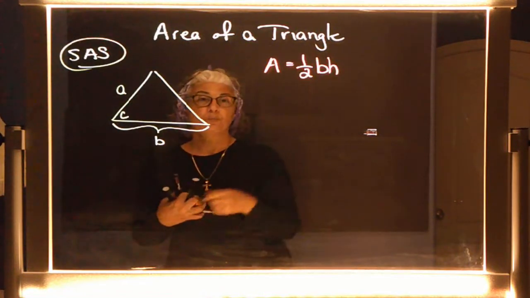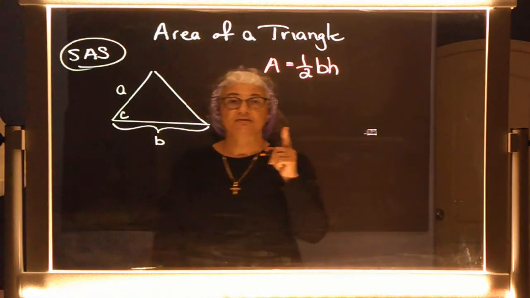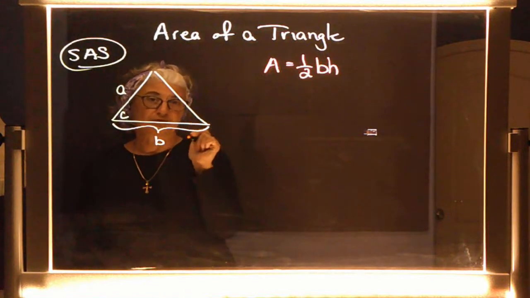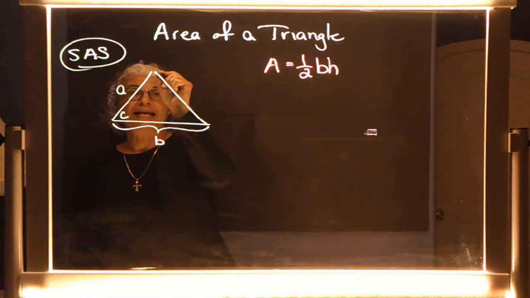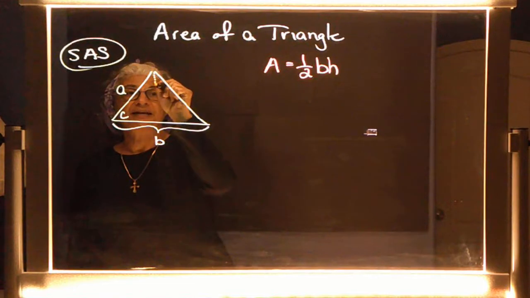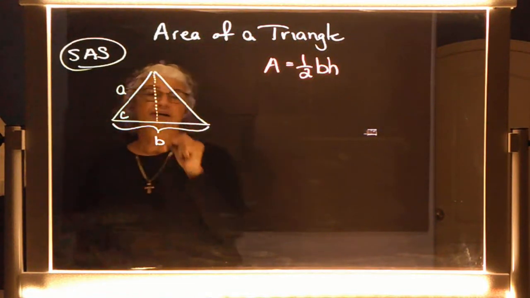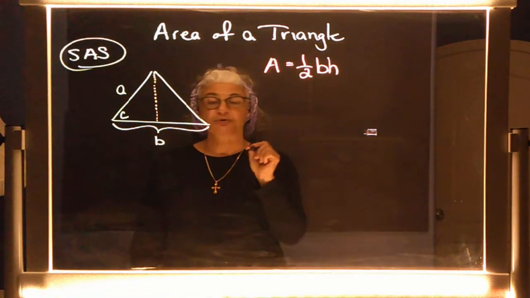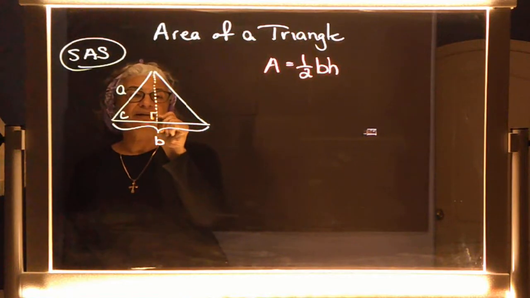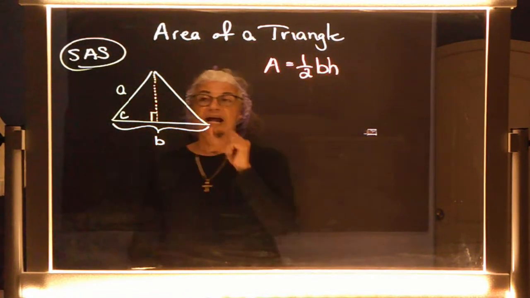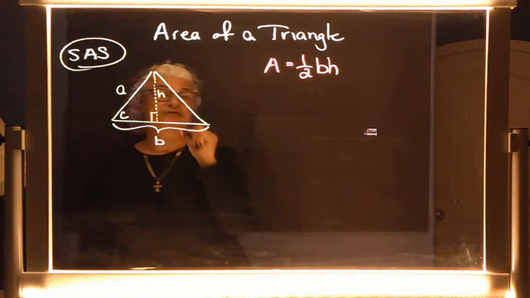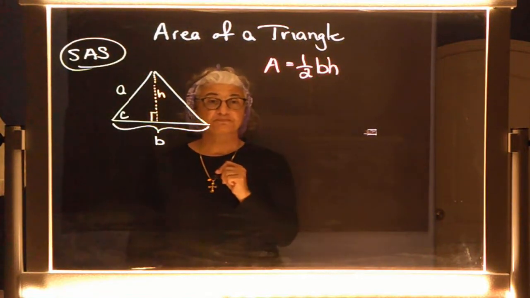Imagine that we draw or drop, whichever word you want to use, a perpendicular from this angle all the way down to the base. So since it's a perpendicular, we're creating a right angle, aren't we? And this would represent the height of the triangle, would it not?